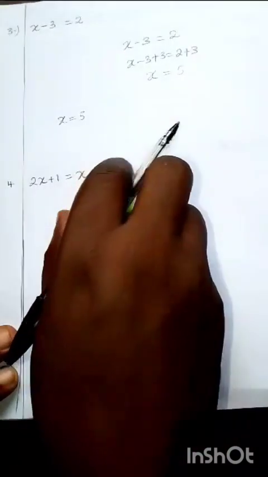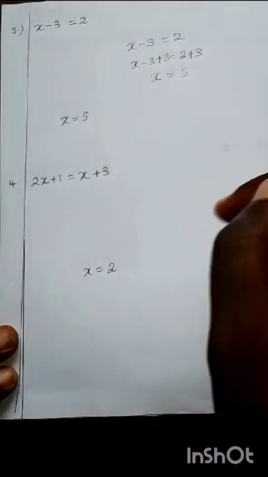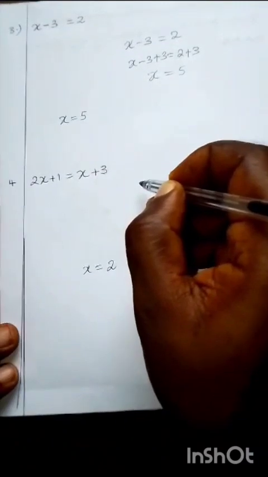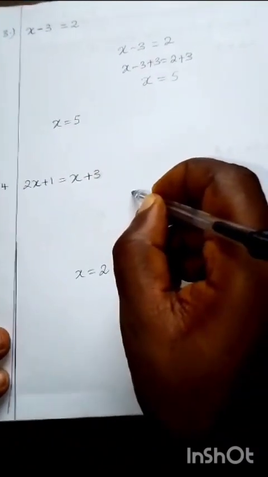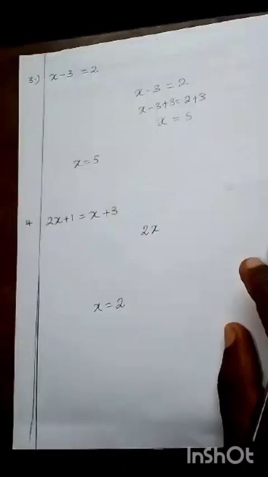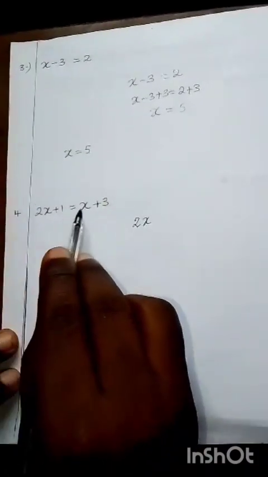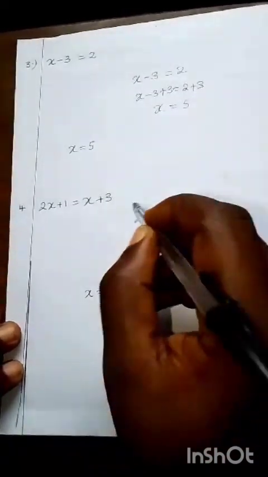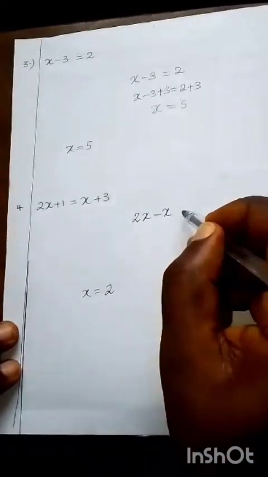Now, if we want to use the rule method here, 2x plus 1 is equal to x plus 3. We collect like terms together. When you collect like terms, it will be 2x. Now this positive x here, when you take it away, you have negative x.